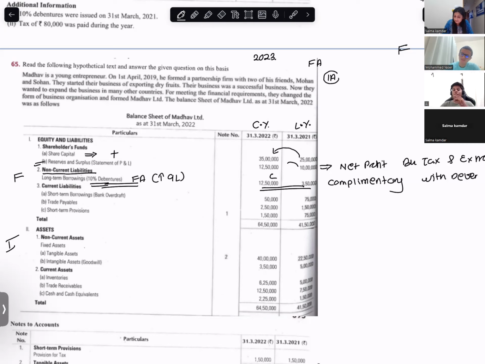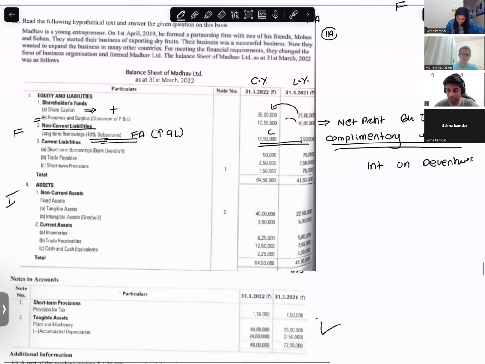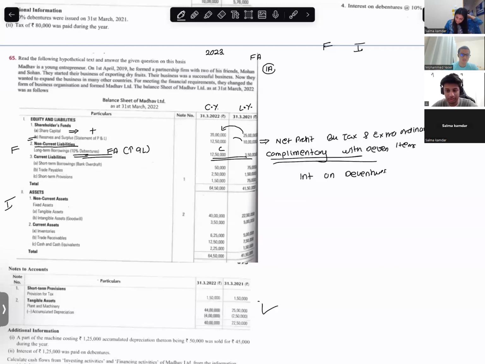Interest on debentures. Which activity? Interest on debentures. Which activity? Financing activity. Financing activity outflow.